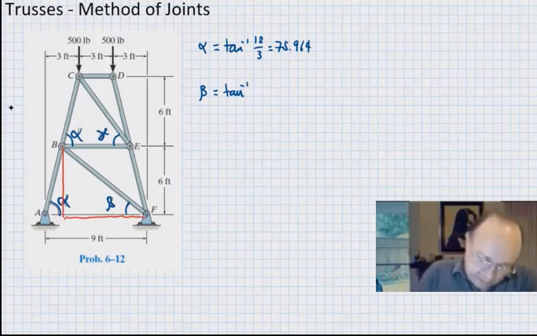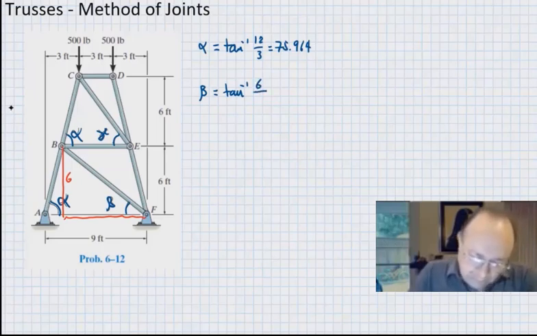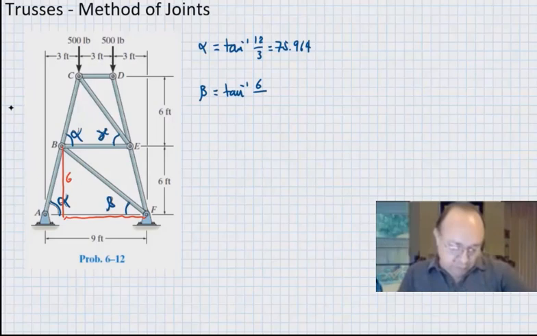So it will be 6 divided by the horizontal, which will be... What are we solving for? Beta, this angle beta here. Oh, okay.